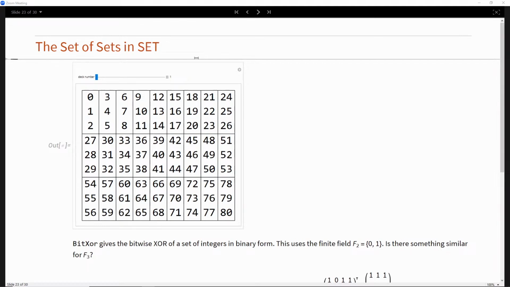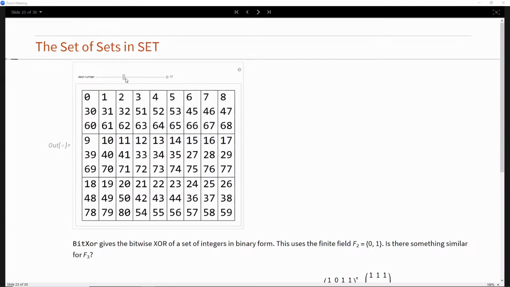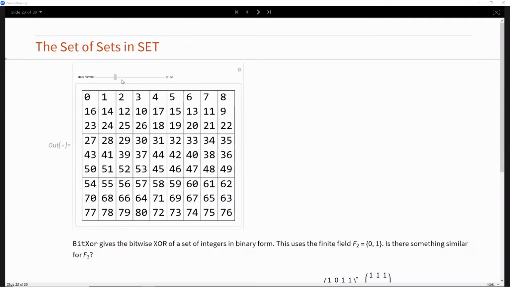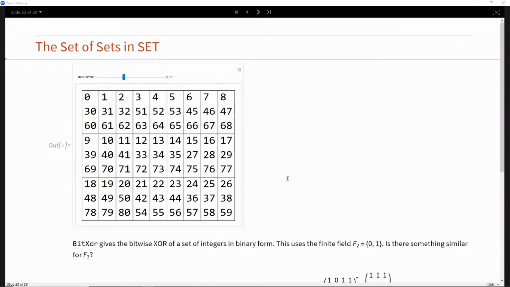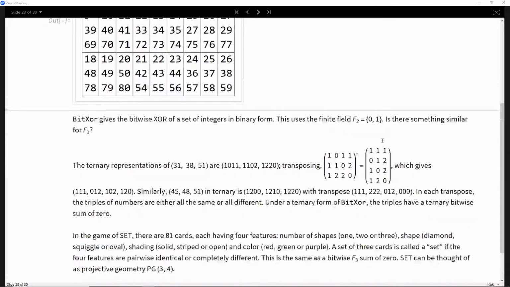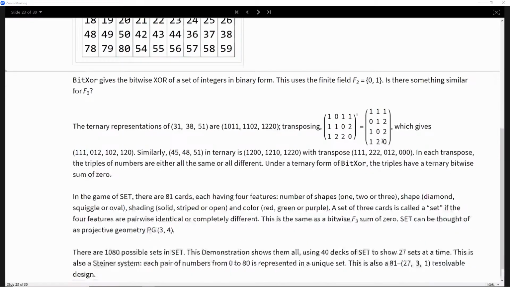It's possible so that if you get 40 decks, you can create all possible triples, and one of the triples will be in one of the 40 sets you've laid out. And this is the 40 sets in the set of sets in Set. So it's basically ternary representations, which is explained here. This is the set of sets and sets demo.